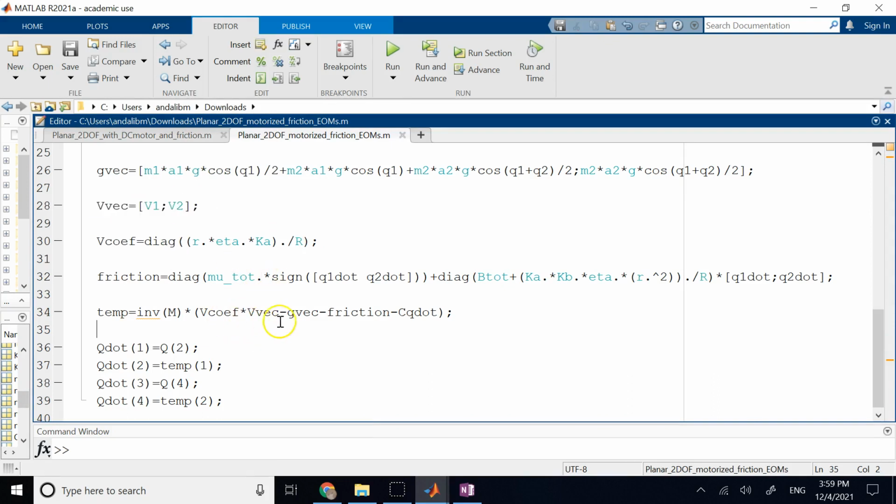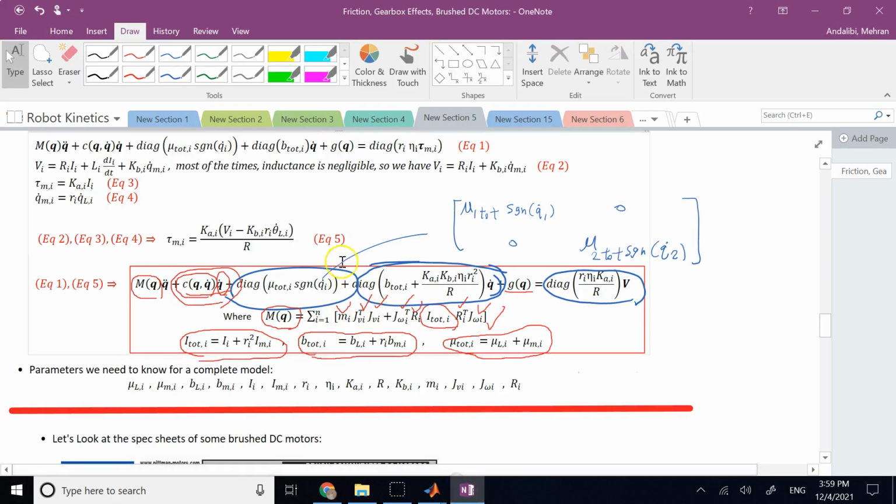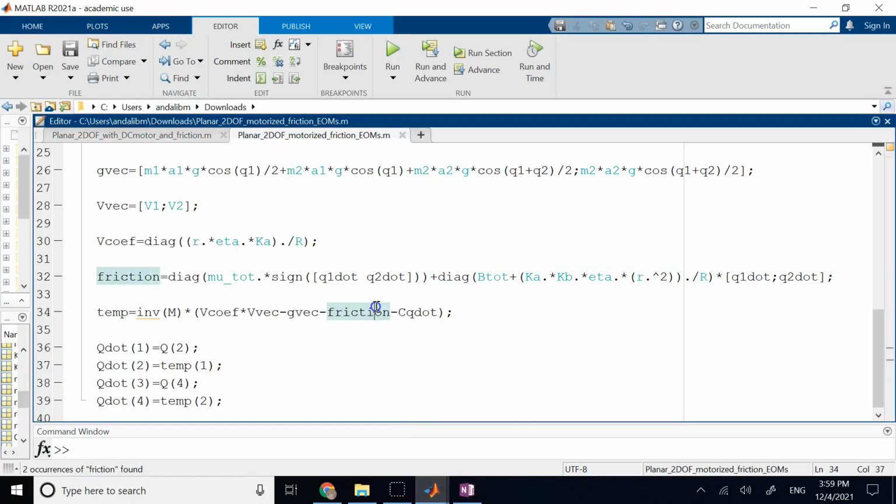And then what I did, I took every one of these terms other than the M Q double dot, and moved them to the left-hand side. So that diagonal times V minus G minus the two friction terms minus the C Q Q dot, and then multiply by M inverse to give you Q double dot, and that's what I have done here.